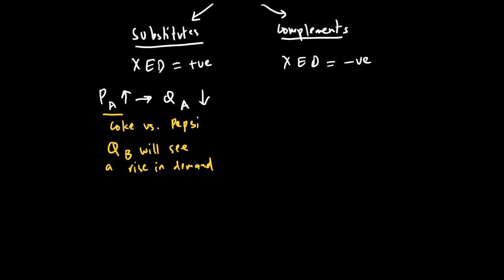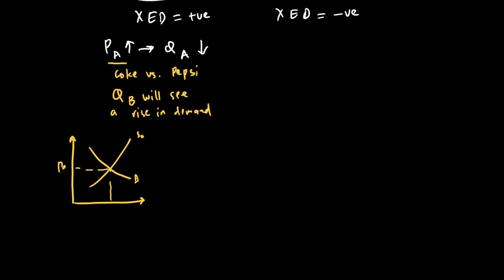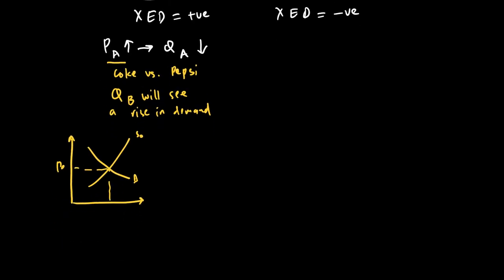How do I show that in terms of a diagram? We've done this before in terms of the equilibrium discussion, but let's say this is demand and supply for Coke, and for some reason Coke becomes expensive. For example, let's say the supply curve shifts backward and the price of Coke rises to P1.